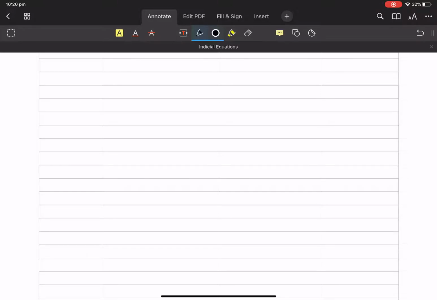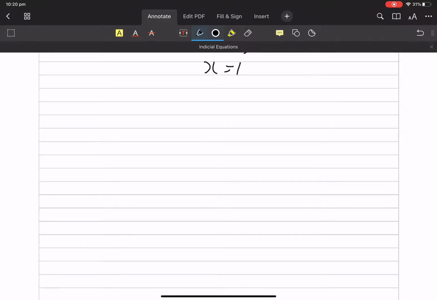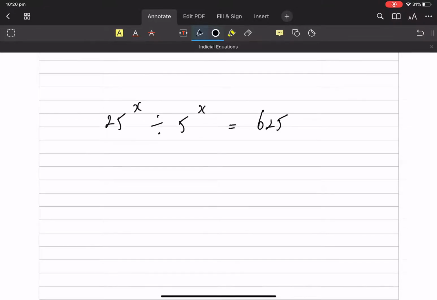How about 25 to the x divided by 5 to the x? Clearly we're going to get to 5. So 25 is 5 squared.